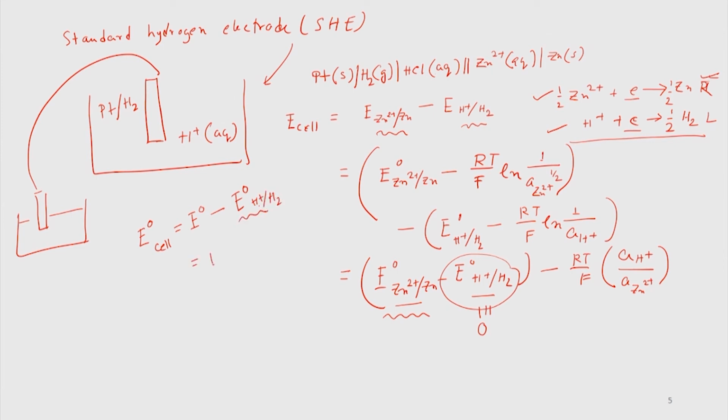So, that we take as 0. So, the E0 of the cell, where one part is the standard hydrogen electrode, is called the E0 of the half cell itself.